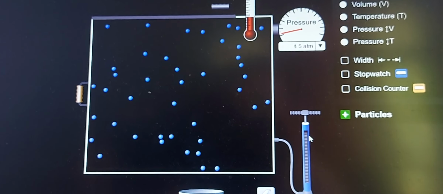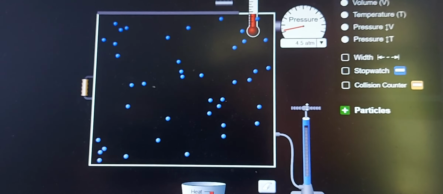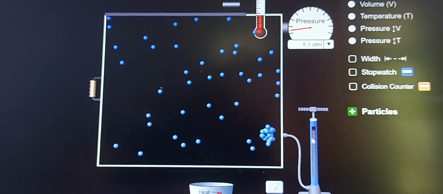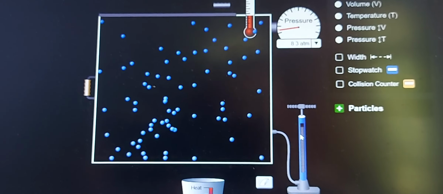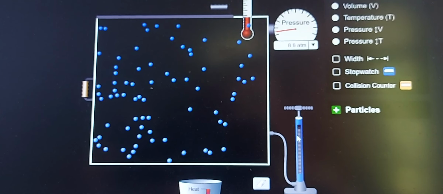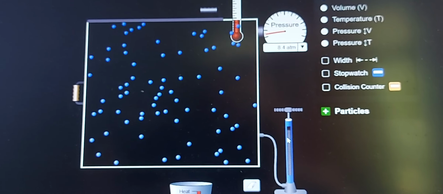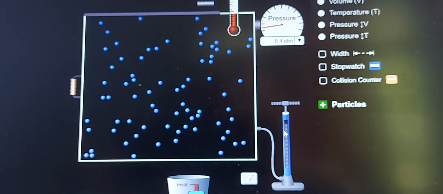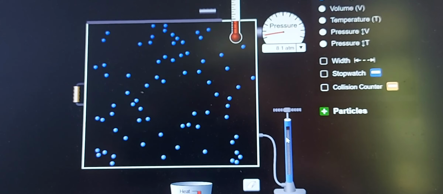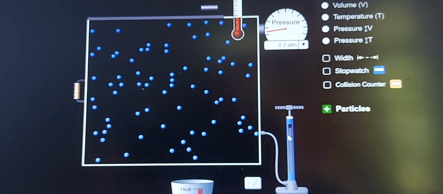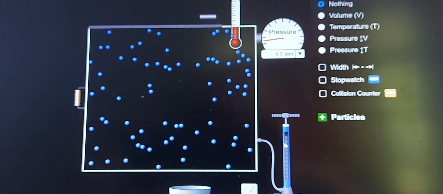Right? So you can just imagine, when you add more gas inside that container, there will be more gaseous particles that will hit the walls of the container, or particles that would bump or collide with each other, hence increasing the temperature and of course increasing the pressure of the gas inside that container. Right? Am I right?